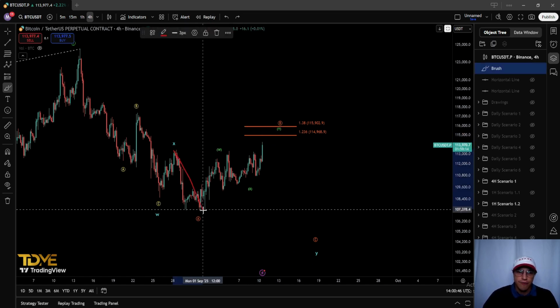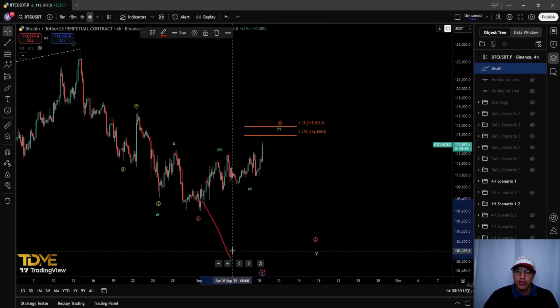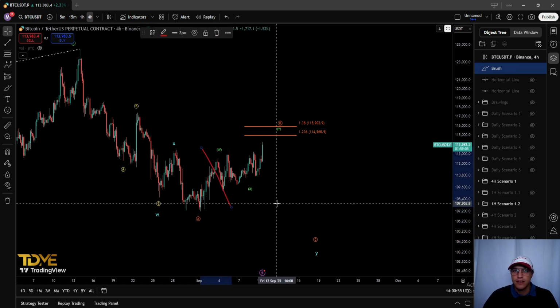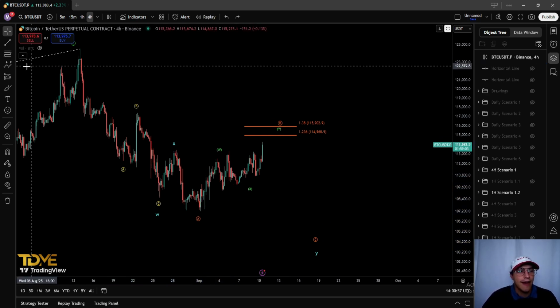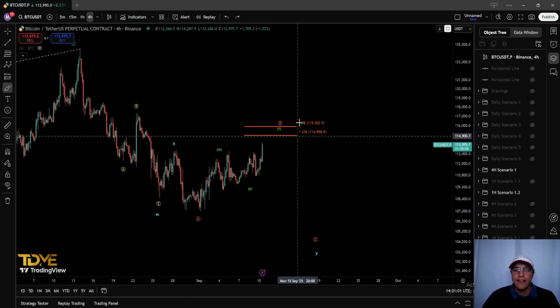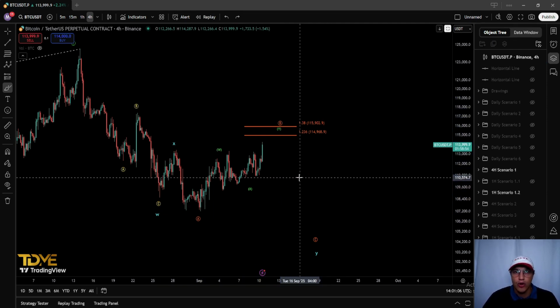You can see here, if we take this and move it over here, it only lasts not even halfway of the wave B. So that means we have a very short wave A and a long wave B, and therefore it doesn't make this the most likely scenario on the chart.